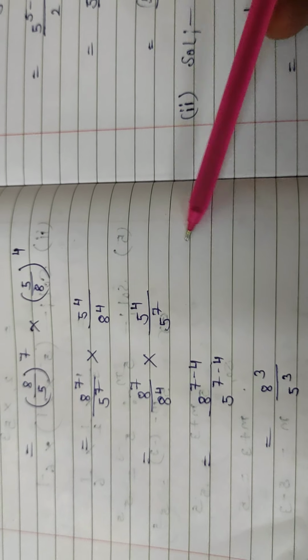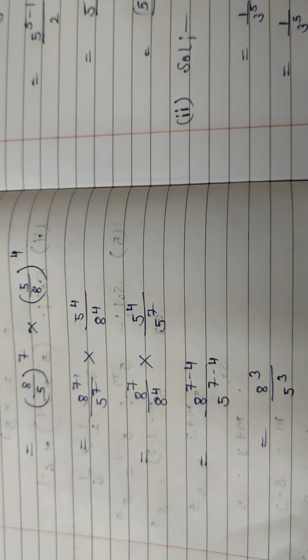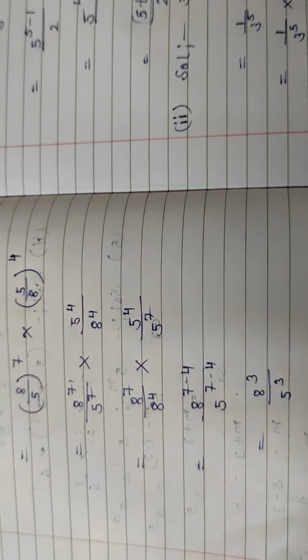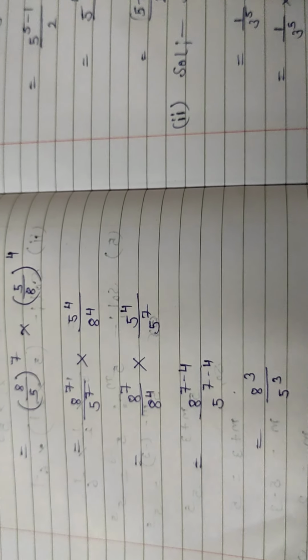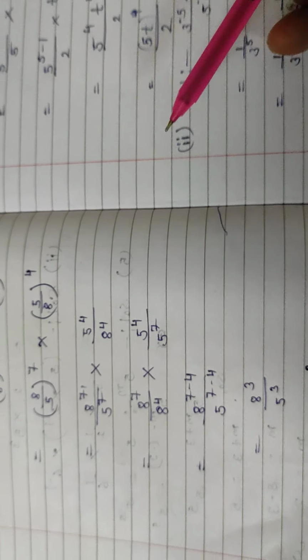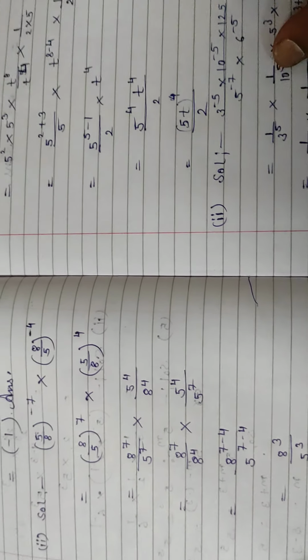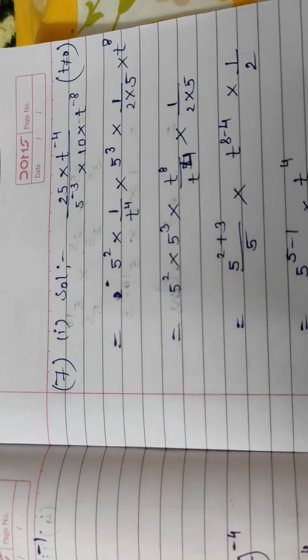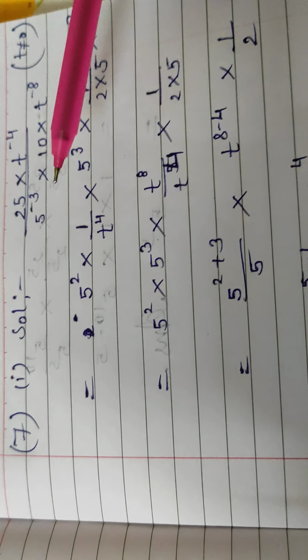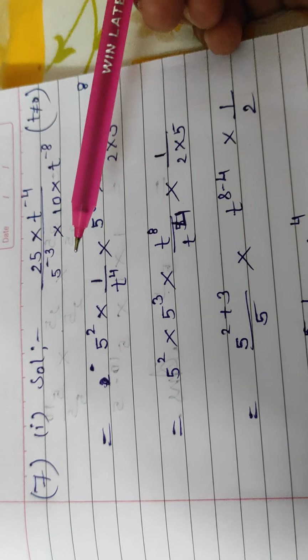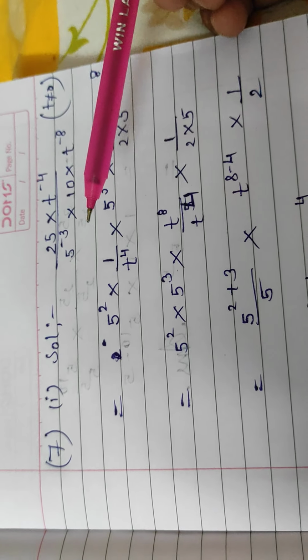The formula is a to the power m divided by a to the power n is equal to a to the power m minus n. Now whole power 3, or you can calculate the value 8 into 8 into 8 and 5 into 5 into 5.